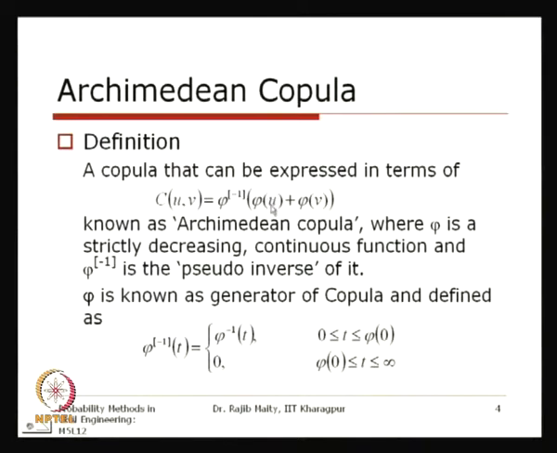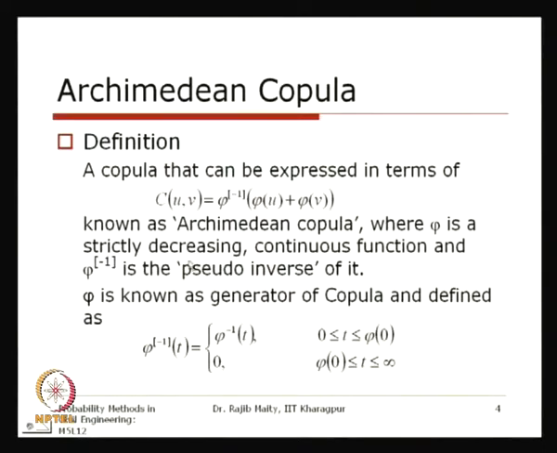The first term is phi(u) and the second is phi(v), so the functional form of phi is the same. If we add them and then take the inverse, this inverse is known as the pseudo inverse, which we will explain in a minute. If we can express the full function in this form, then that class of copula is known as an Archimedean copula. Now, this function phi is a strictly increasing continuous function.